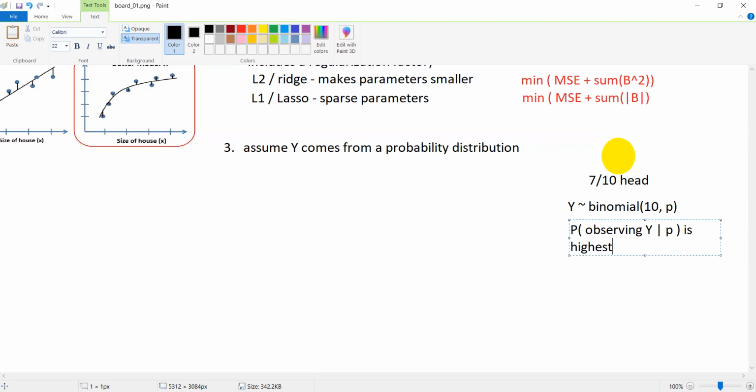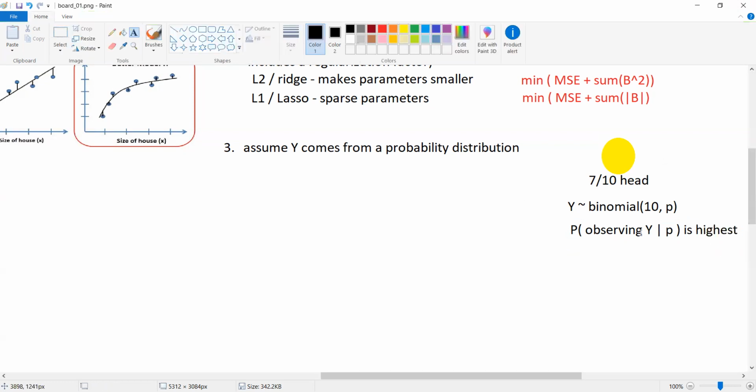And this is the maximum likelihood estimation for p, because the probability of seeing the data that we saw is the likelihood of the data, and we want the maximum likelihood. So we can try p equals 0.2, p equals 0.3. We can try all kinds of numbers, or we can use different ways to find the optimal one, and we'll find the optimal p, which will give us the highest likelihood. And that's our best estimation for p.